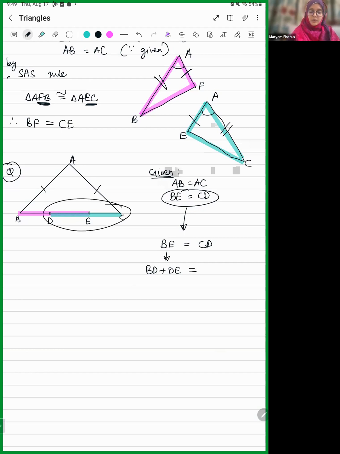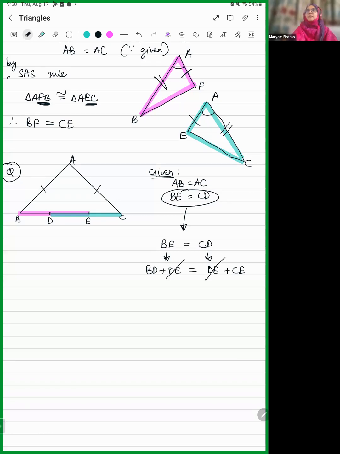Similarly, CD is equal to DE plus CE. Yes. So here on both sides of the equation, we have DE and DE, right? So we can just cancel it.